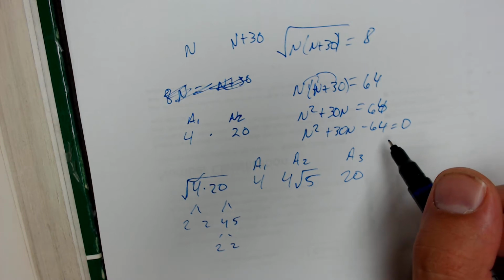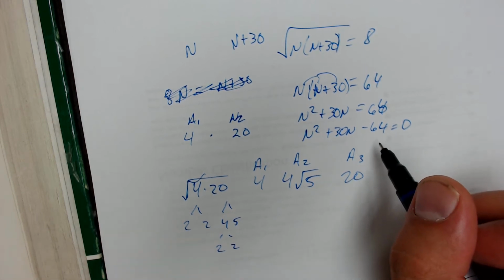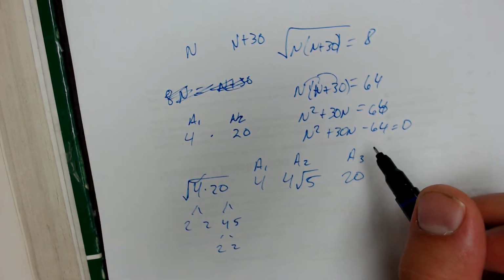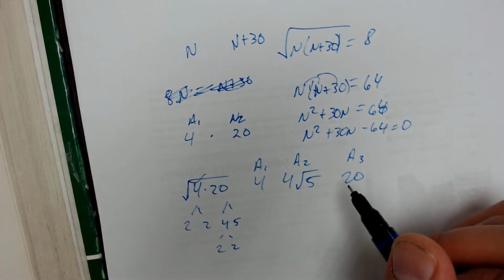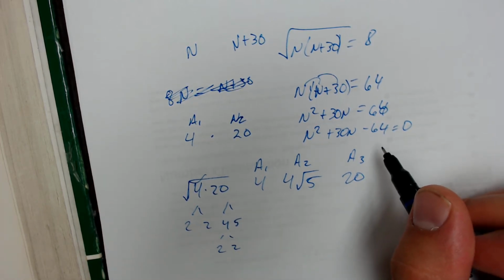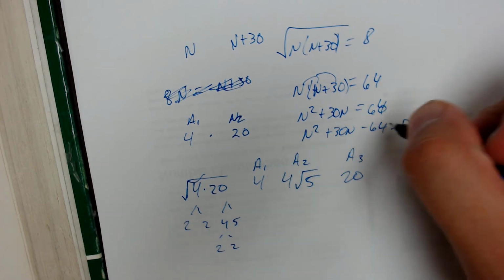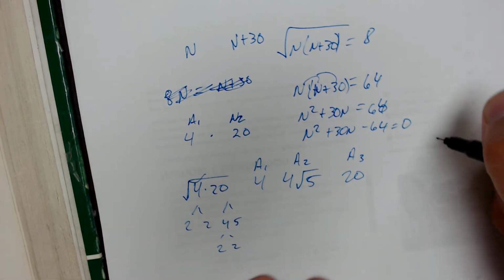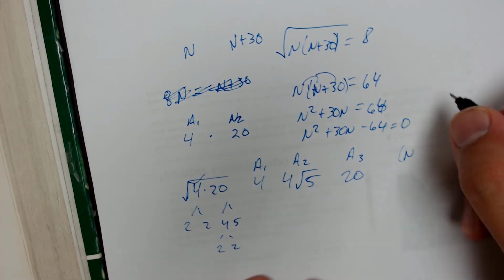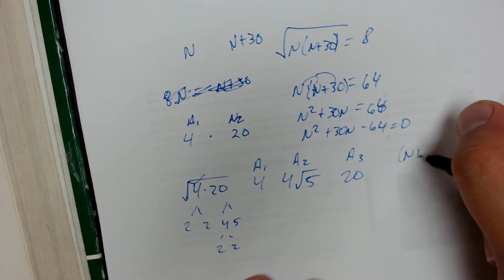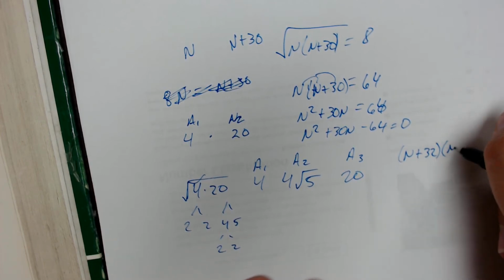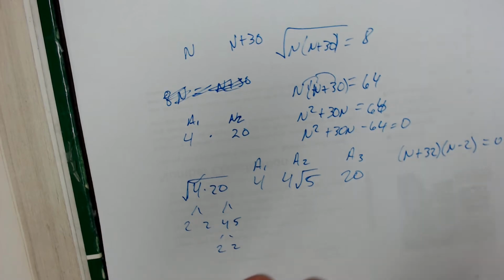Doesn't look like zero factor theorem is going to work because I can't think of anything that is a factor of 64 that will add up to 30. Oh wait, no, 2 and 32. Yeah, okay. So I could factor this. So it could become n plus 32 times n minus 2 equals 0.